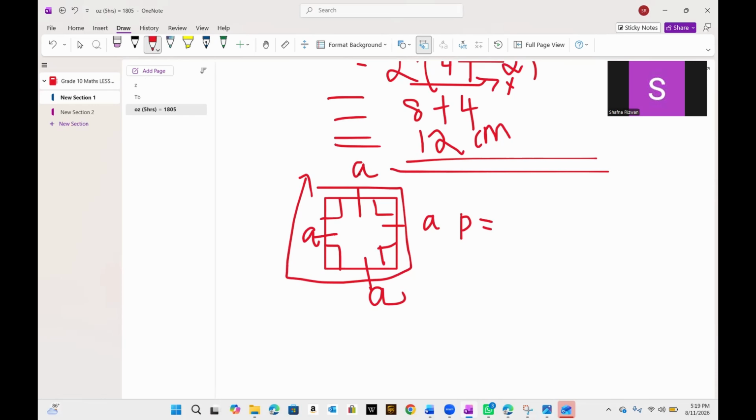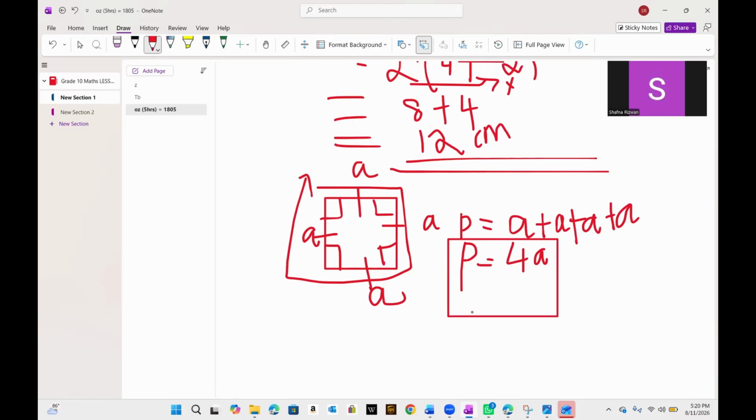You have to take all these A's and add them together. A plus A plus A plus A. It will give you how much? 4A. So when you are going to calculate the perimeter of a square, you can use 4A as your formula to calculate the perimeter of a square.